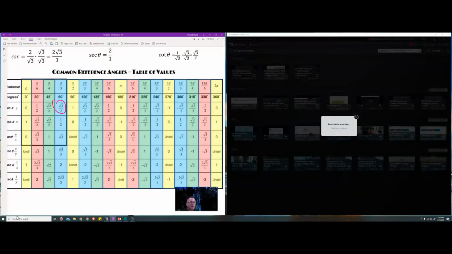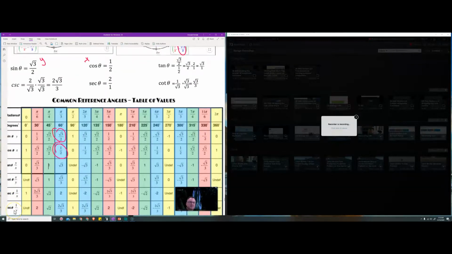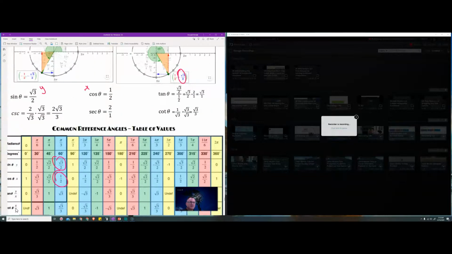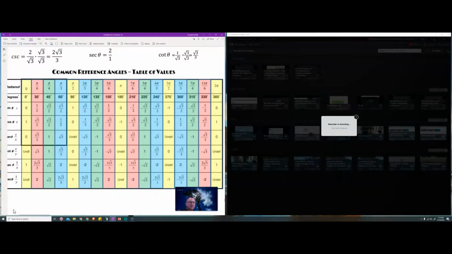My y coordinate, my x coordinate, y divided by x is root 3. Flip root 3 and rationalize. Flip the x coordinate and flip the y coordinate and rationalize. Get these values. Now I put this chart on the back of your unit circle that I put on a Google slide so that you'll have this to be able to use.